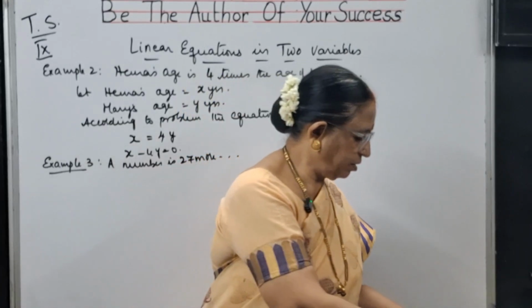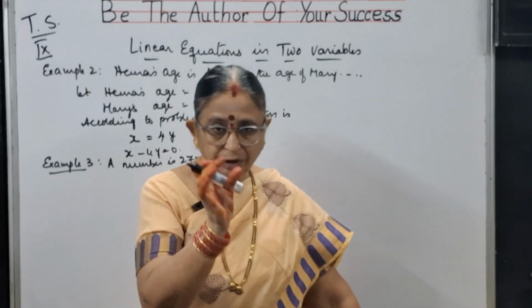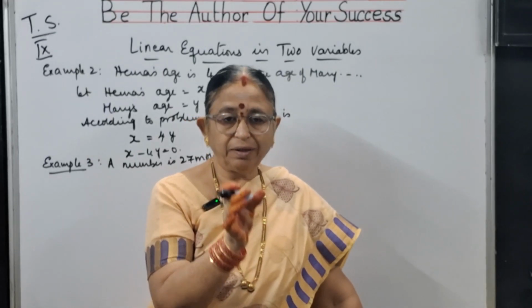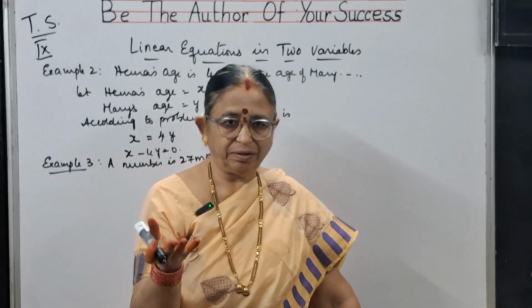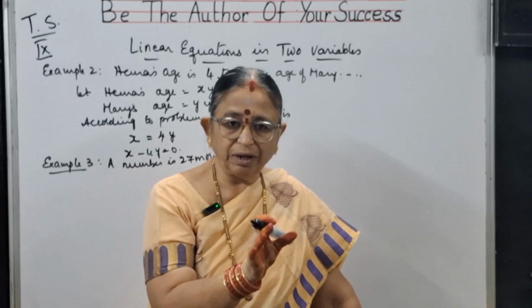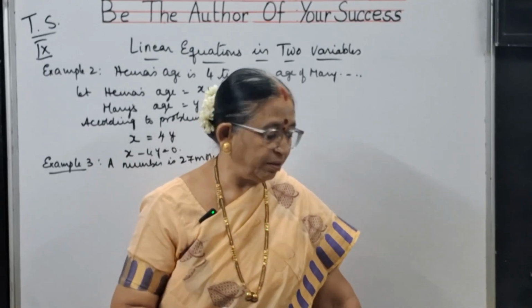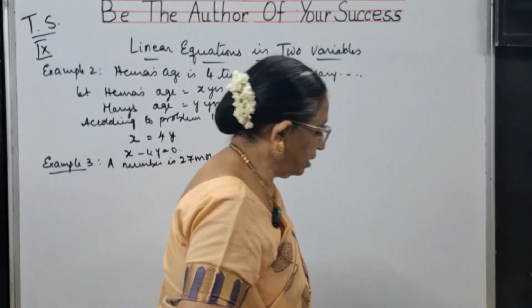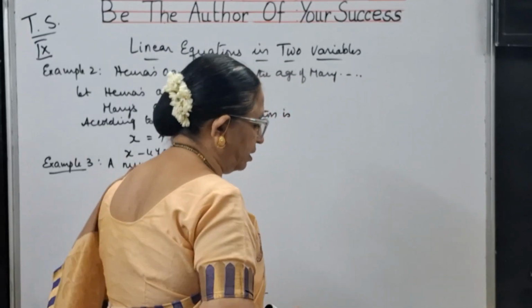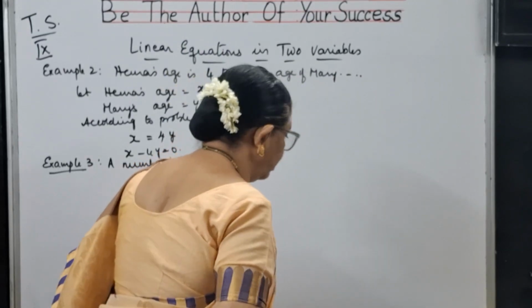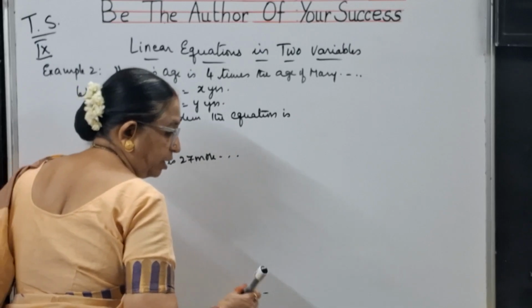So what are they saying? One number is there. If that number is reversed, the original number is 27 more than the reversed number. What did they give? Units digit is x and tens digit is y.